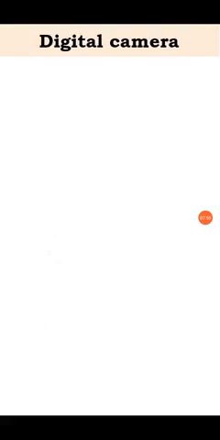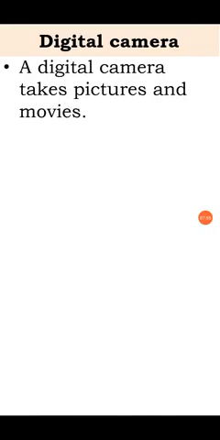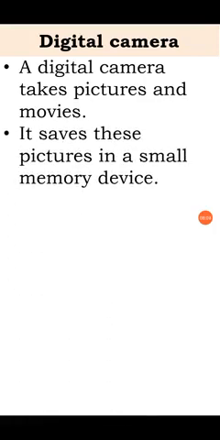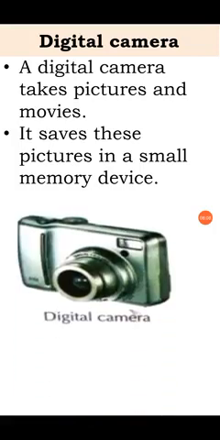Next, digital camera. A digital camera takes pictures and movies. It saves these pictures in a small memory device. This is a digital camera. These pictures and videos can be input into a computer by plugging the camera into the computer.